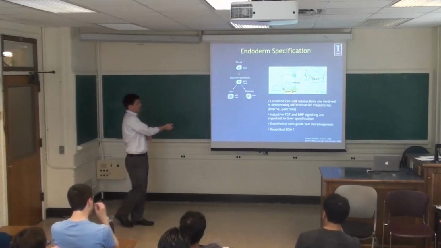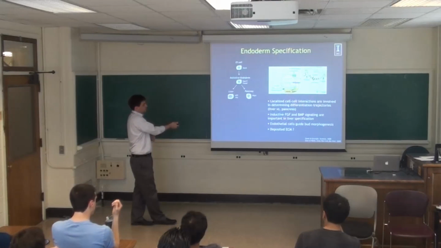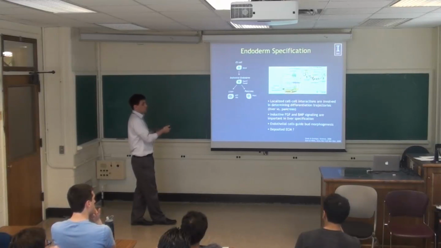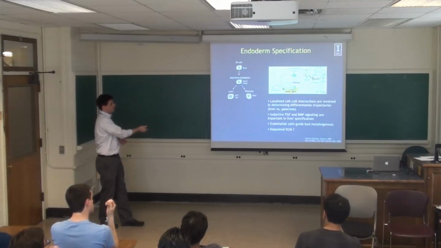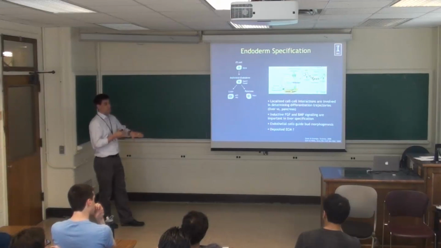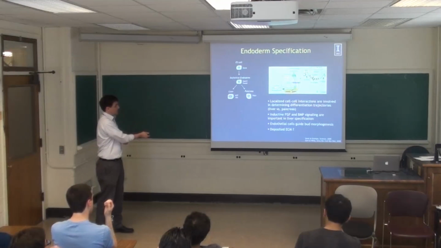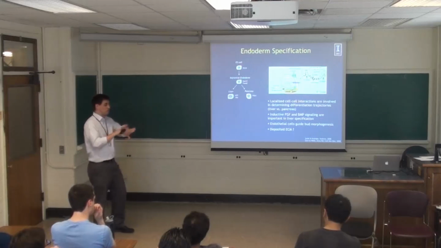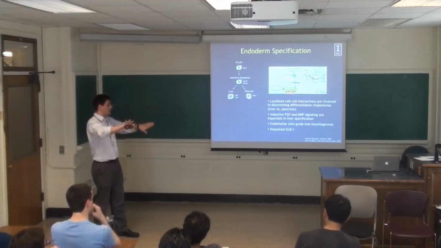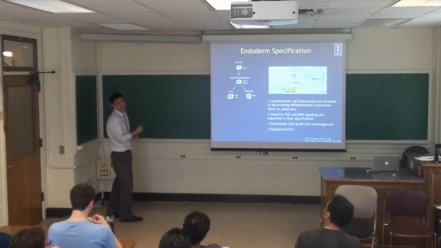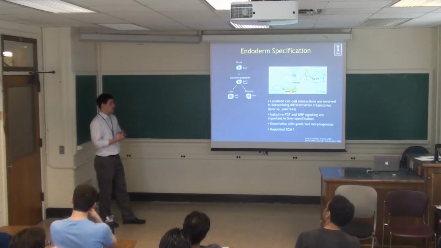Cells nearby this cardiac mesoderm receive signals that cause them to become liver, and cells slightly further away don't receive these signals and tend to differentiate more towards pancreas. So these localized cell-cell interactions play a big role in determining if a cell goes one way or the other. But besides these few cues that have been identified, not much else is known.